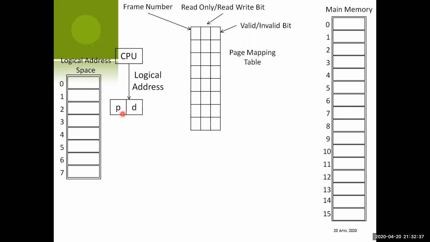So we refer to the page mapping table and locate the frame number where this particular page is present. Before referring to the main memory, the system first checks whether the bit is valid or invalid, meaning whether the page is present in memory or absent.